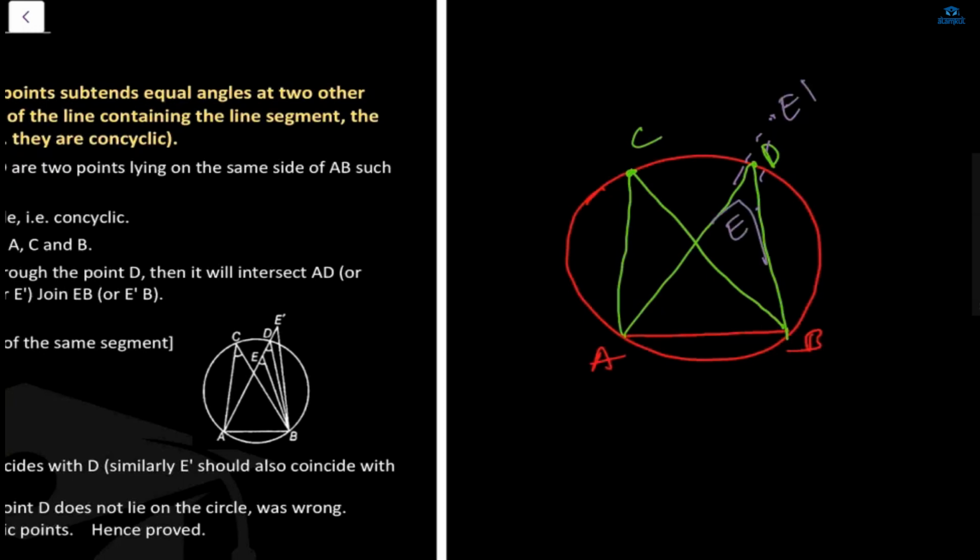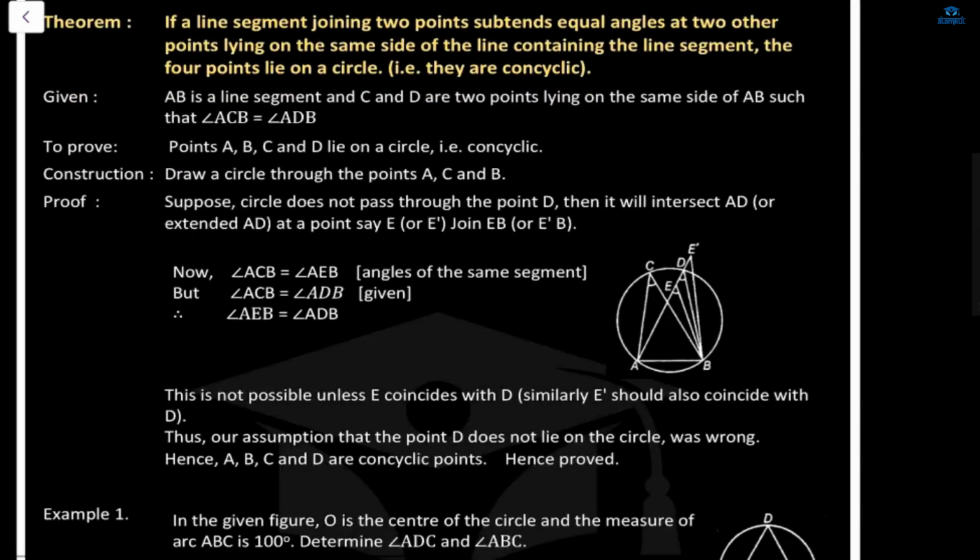Now see, angle ACB is equal to angle ADB. That is given. Since we have taken an extra line, angle ACB will be equal to angle AEB, because we have just seen that angles on the same segment are equal.